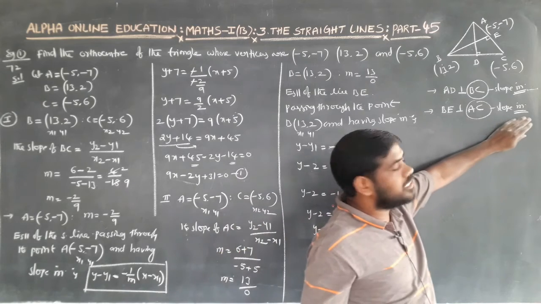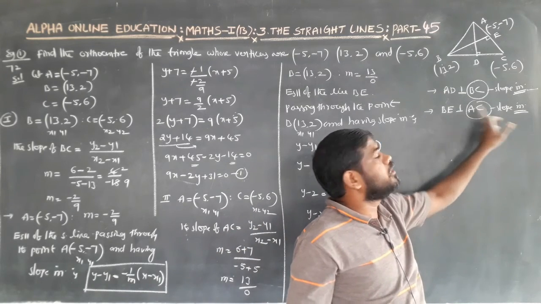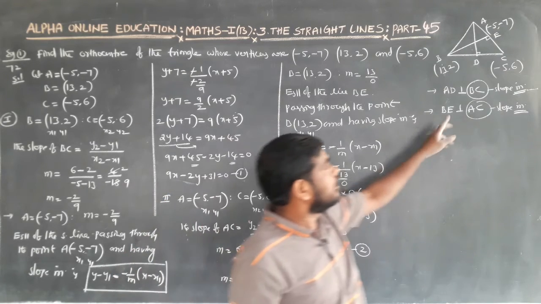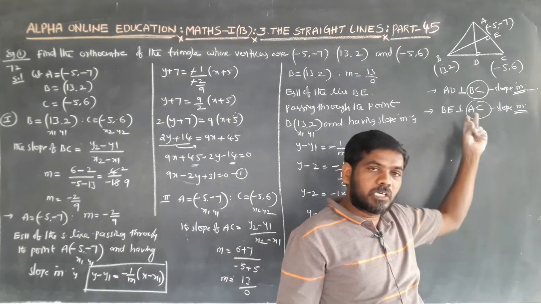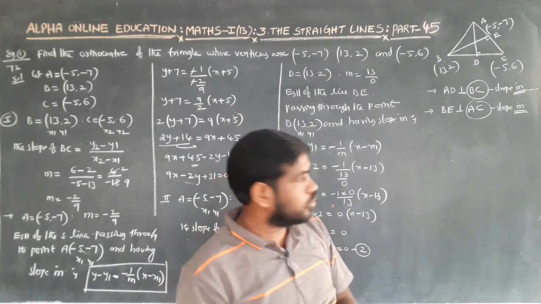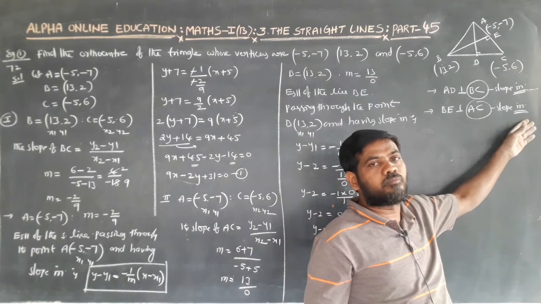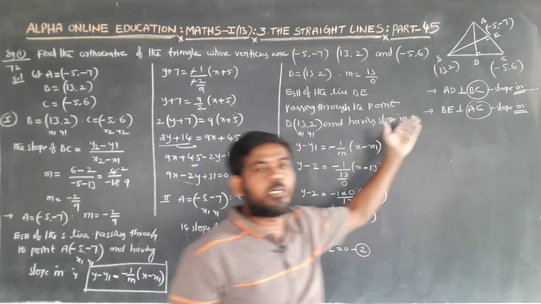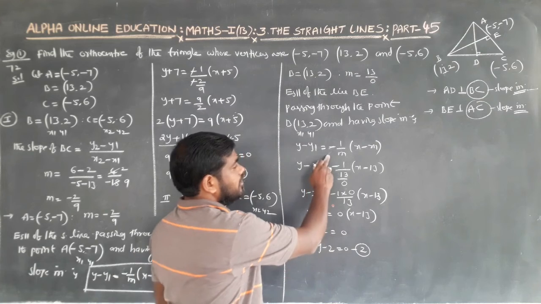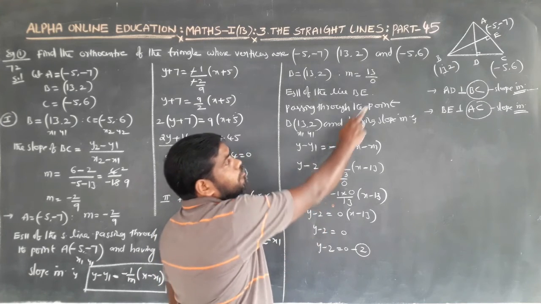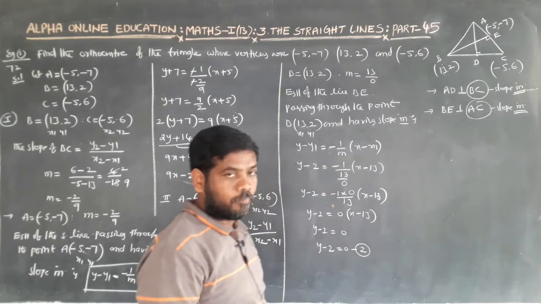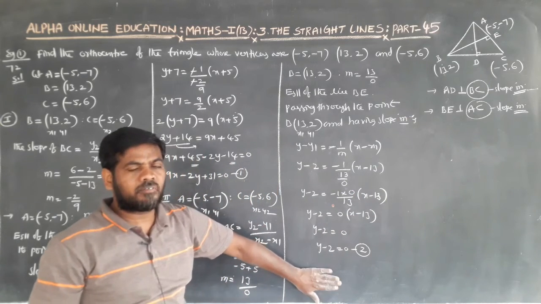So BE passes through the point B. This is the equation of BE.